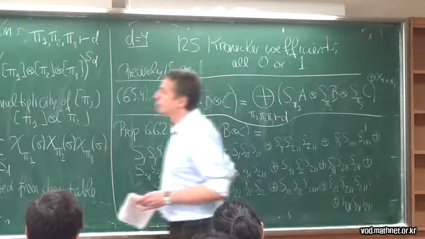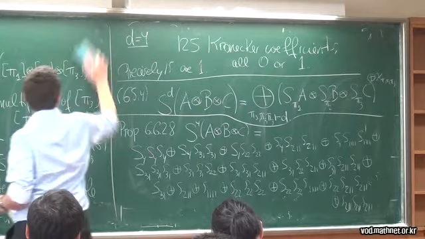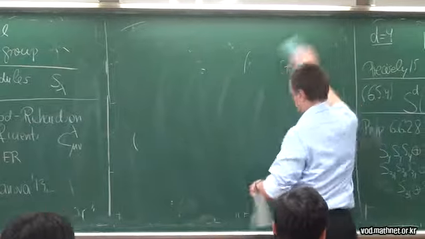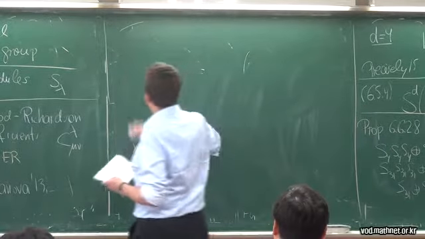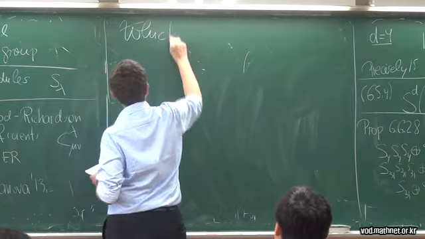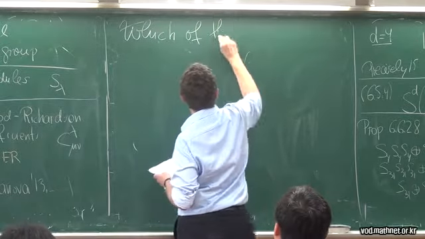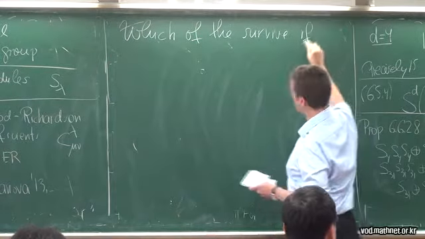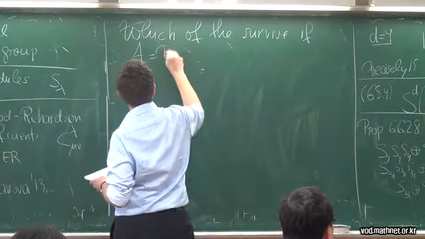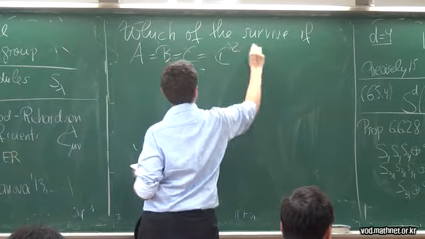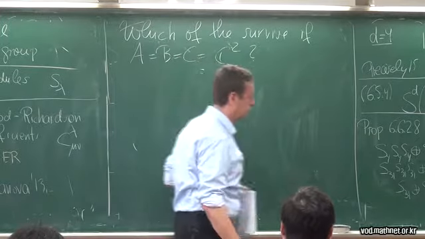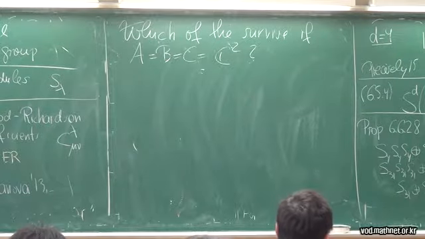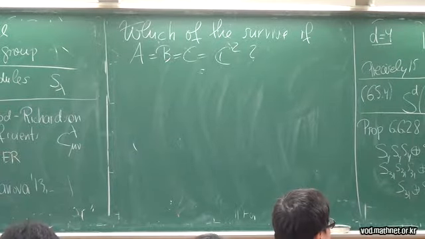Now let's try that for 2 by 2 by 2 tensors. Let's apply this in a very simple case. If the vector space dimension is very small, many of these go away. So which of these survive if A equals B equals C is just two-dimensional? Well, I claim only those survive that use at most two parts in the partition.